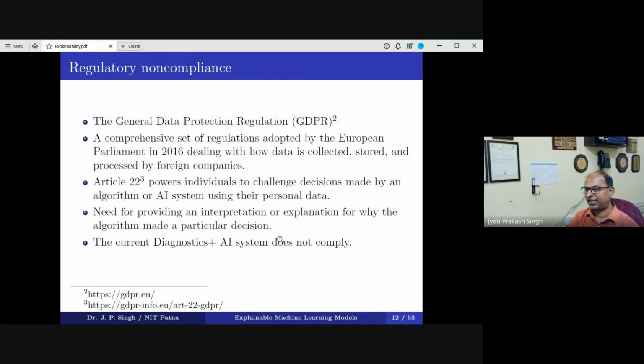Providing an interpretation or explanation for why the algorithm made a particular decision is made compulsory by this General Data Protection Regulation (GDPR). And you can see the model which we have just developed, Diagnostic Plus AI, does not comply with these regulatory requirements. So we need to have something extra in that.